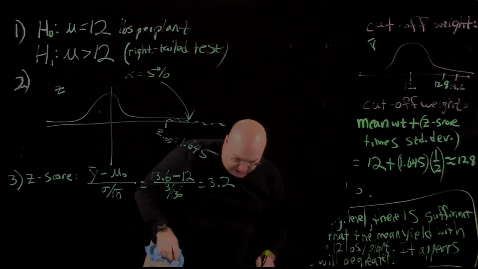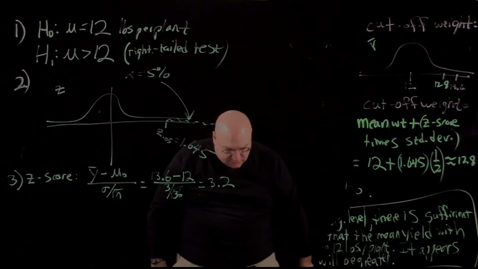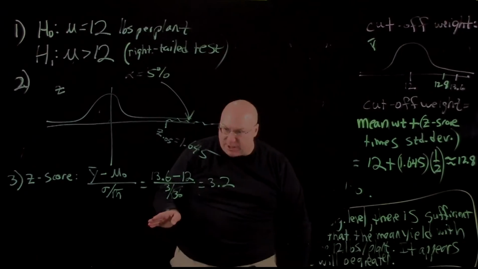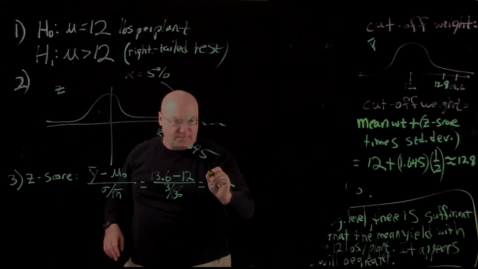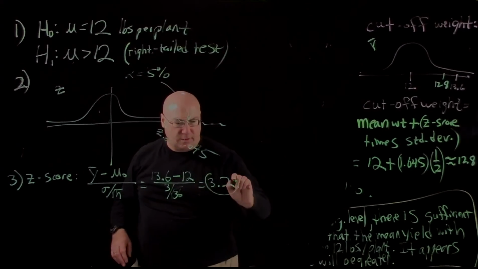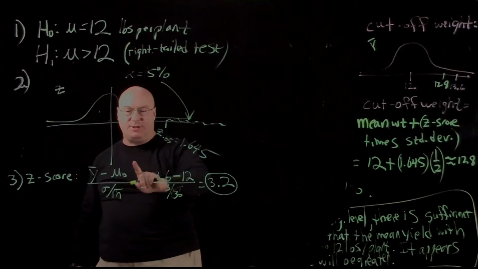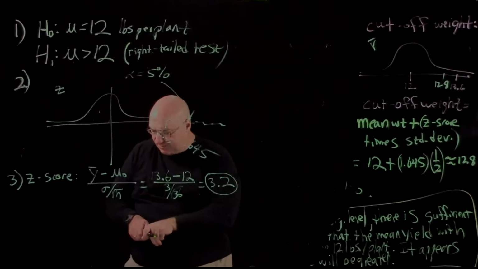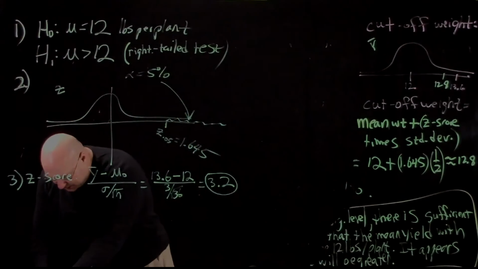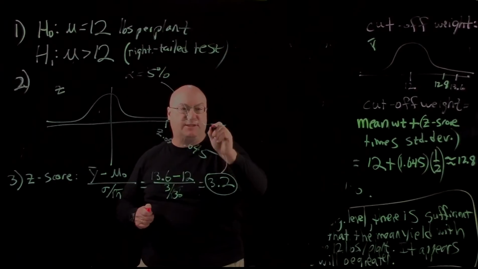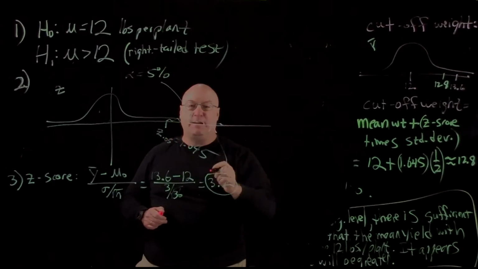At this point, I want to say, here is 3.2. That's my z-score for the sample mean, so let's plug that in up here. That's going to be out here somewhere, isn't it?